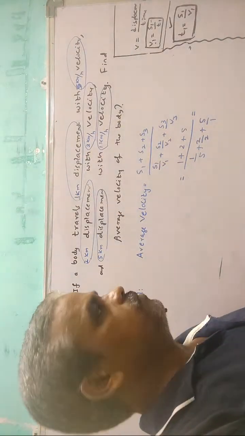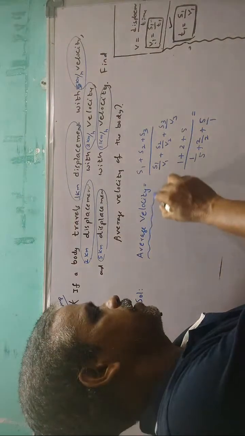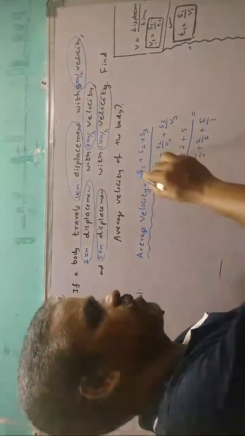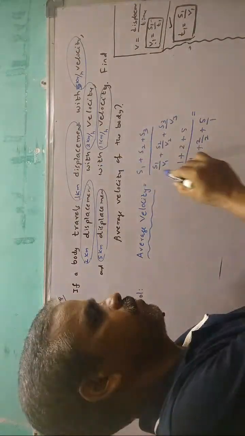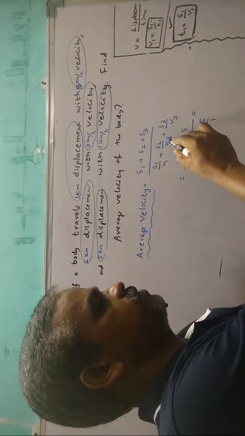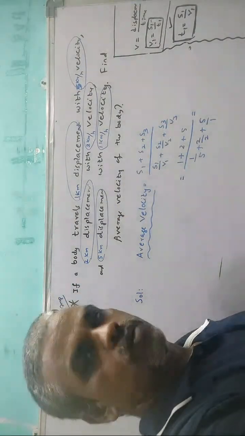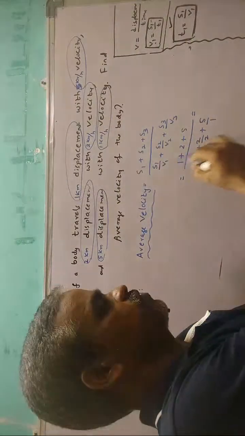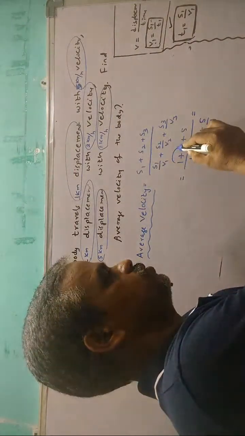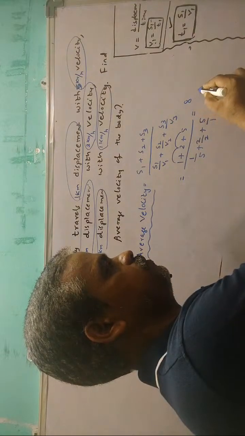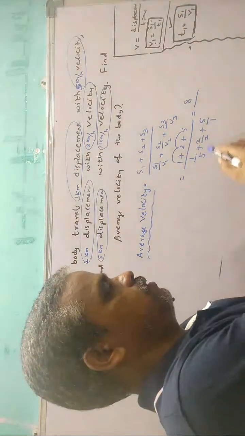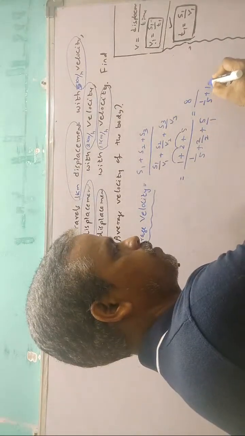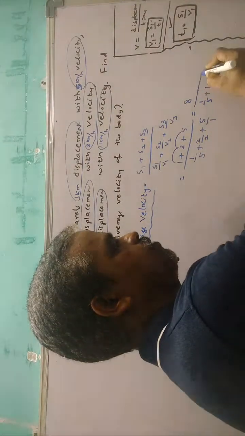For this one, I want to calculate average velocity. So that is equal to, as I already gave this formula, (S1 plus S2 plus S3) by (S1 by V1 plus S2 by V2 plus S3 by V3). So here 3 displacements, 1 plus 2 plus 5, which is 8, by 1 by 5 plus 2 by 2 plus 5 by 1.